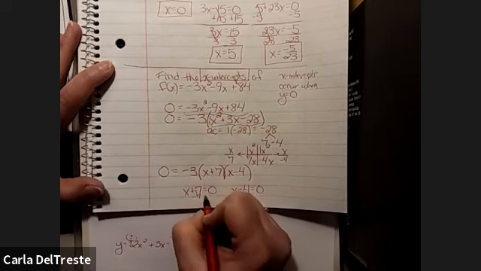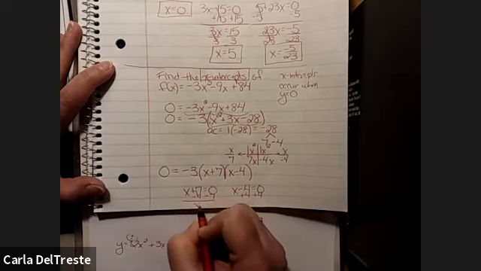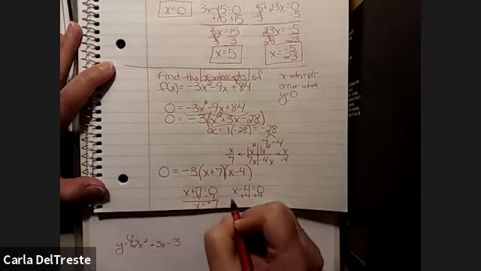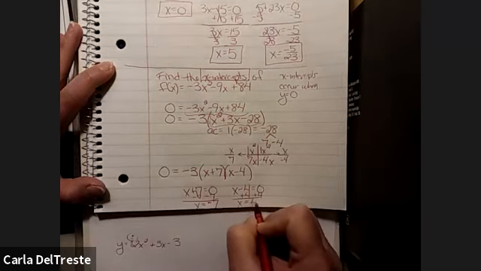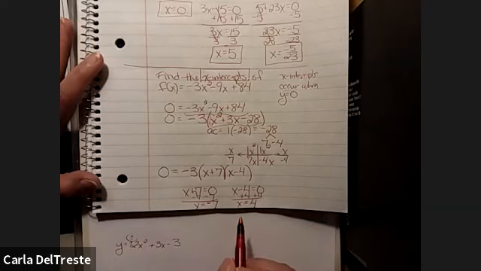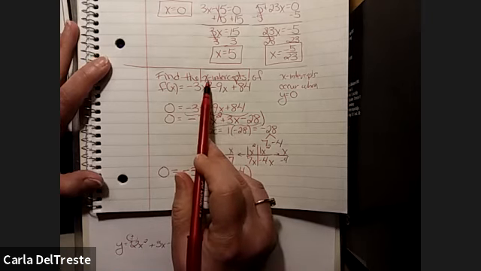So I solve each of these mini equations, and I wind up that x equals negative 7 is one possibility, and x equals 4 is another possibility. But always refer back to what they asked. This time they asked for x-intercepts.